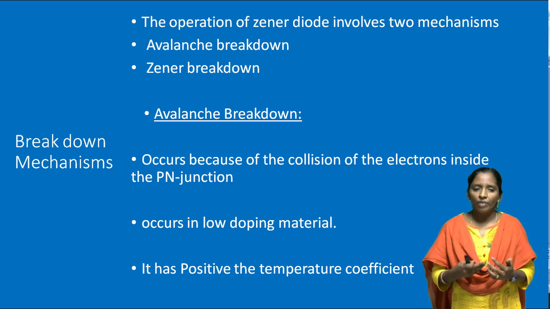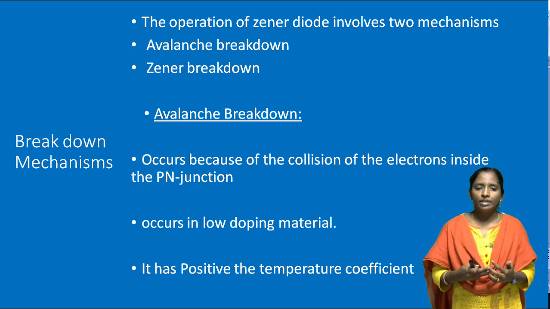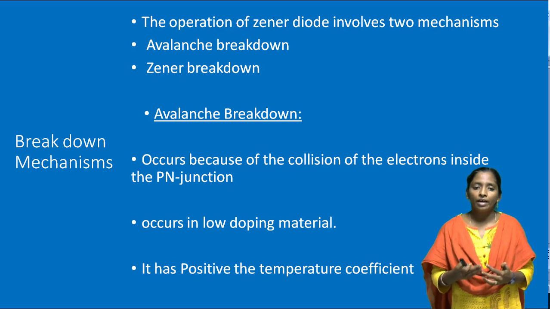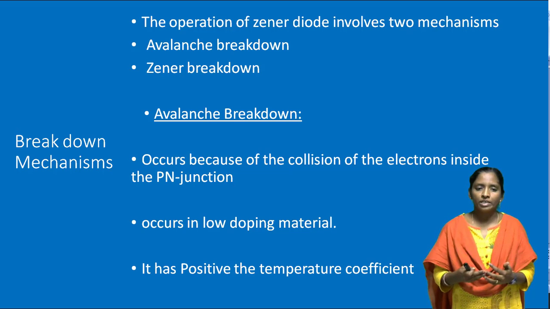When we apply reverse voltage, the minority charge carriers move away. The minority carriers in P type are electrons. These electrons are repelled by the negative terminal of the battery towards the junction, and the minority carriers in N type are holes. These holes are repelled by the positive terminal of the battery towards the junction.